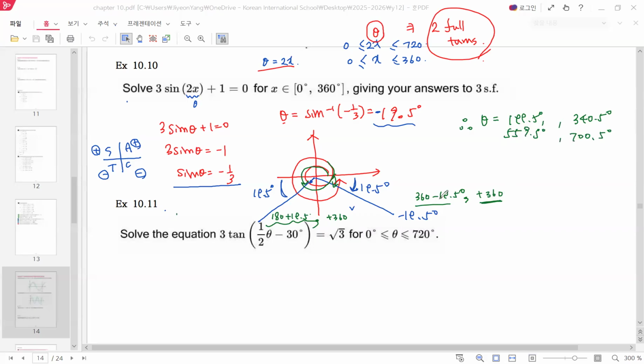Ooh, we just found the value of theta, which is 2x. So since theta is 2x, please write down theta as 2x: 199.5, 340.5, 559.5, 700.5. To find the value of x, you need to divide every value by 2, right?